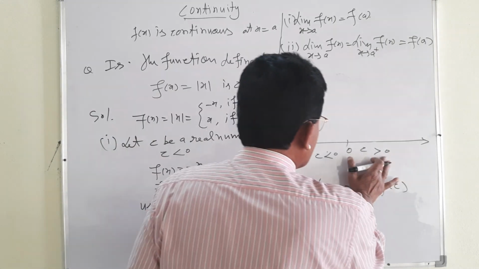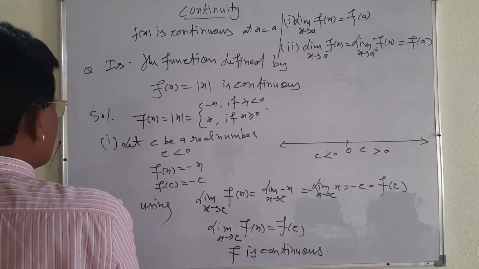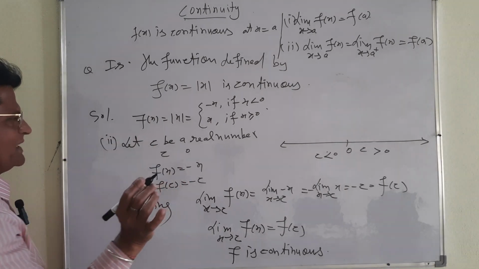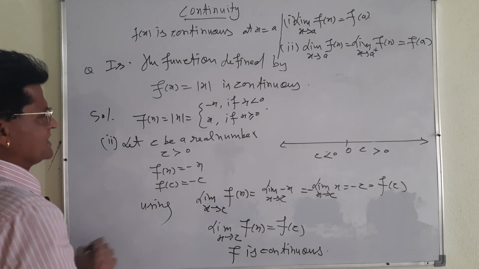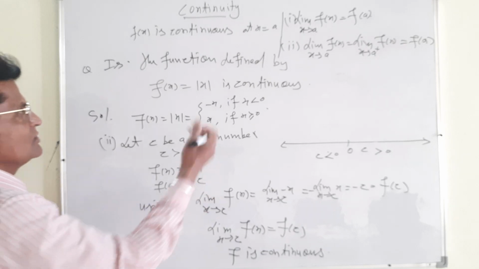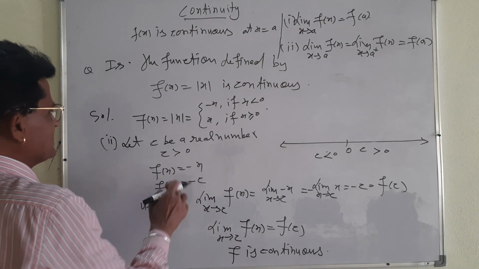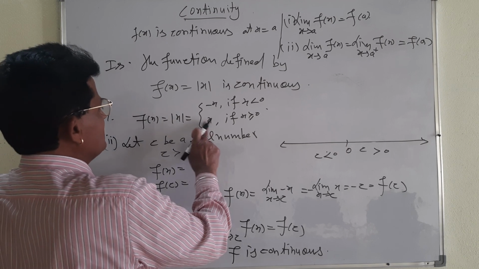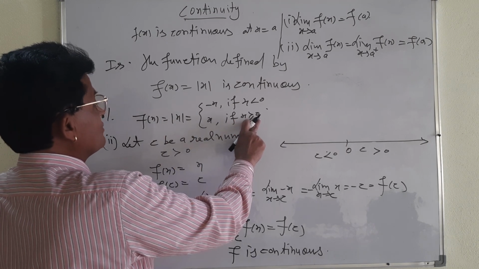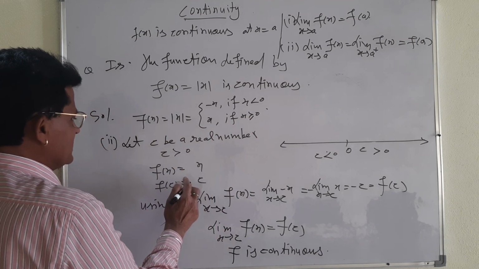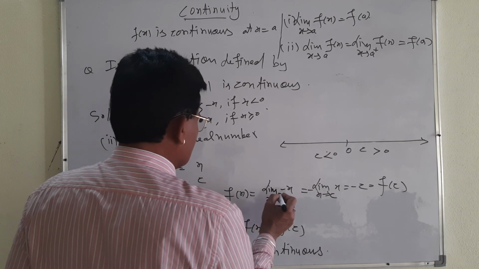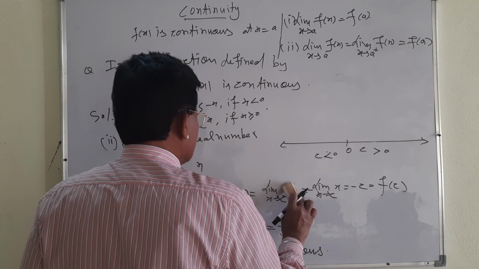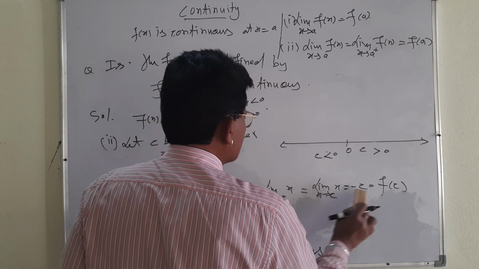Now let us take greater than 0. Same thing, second case I am taking. Very simple, no need to do much, no need to take tension. c is greater than 0. Equal to 0, already I discussed. If c is greater than 0, then there will not be the negative sign, f(x) will be equal to x, and it will be positive. I am going to remove this negative symbol from here, and from here also.